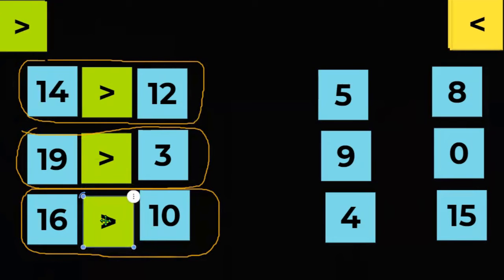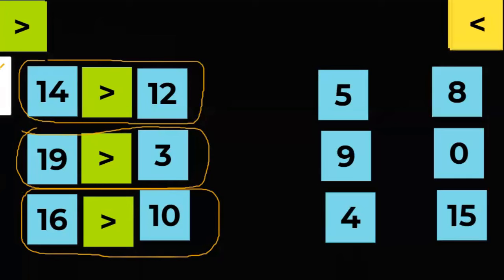Now look at the next one. Let's see if you can figure out what sign goes there. 5 and 8. It begins with 5. And on the other side it has 8.